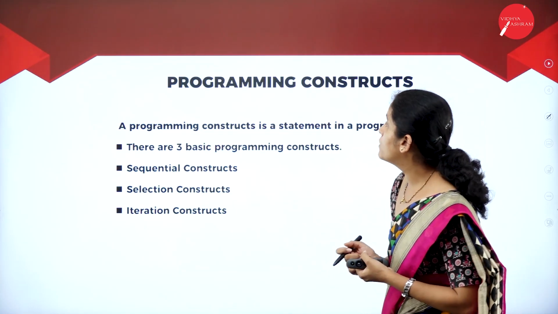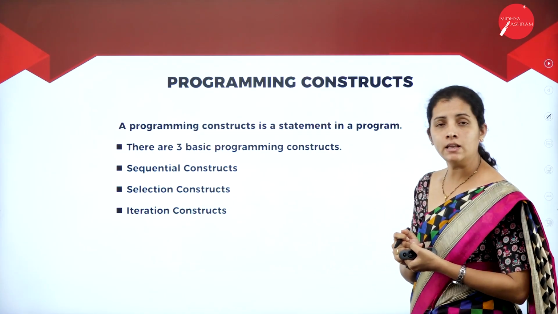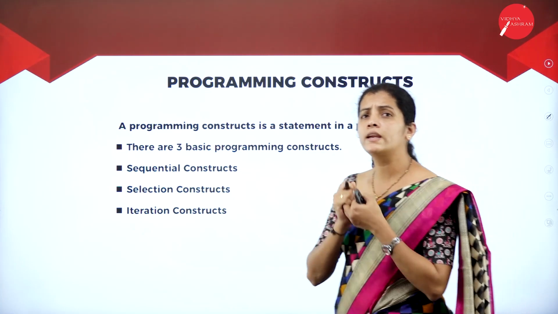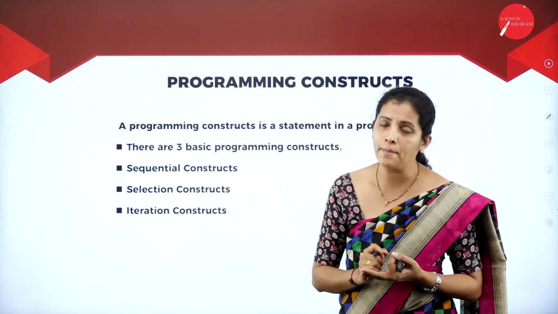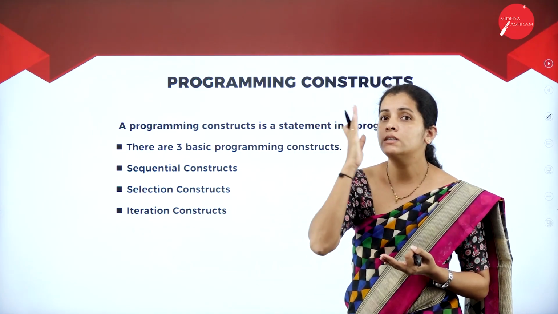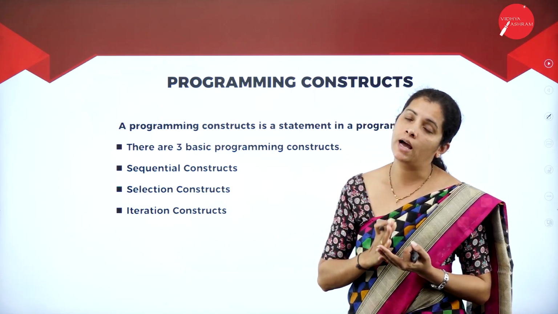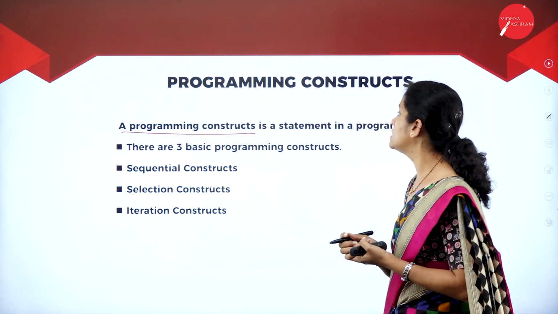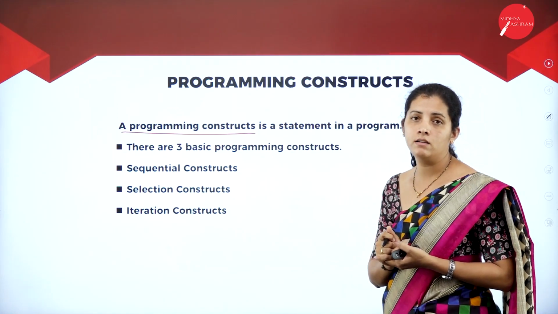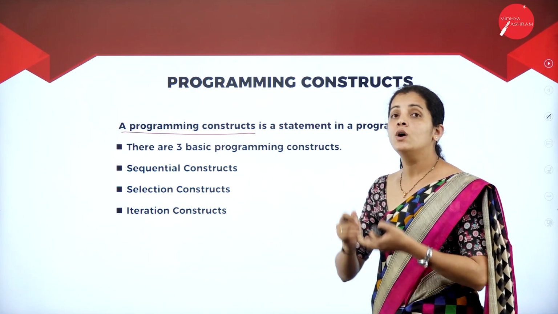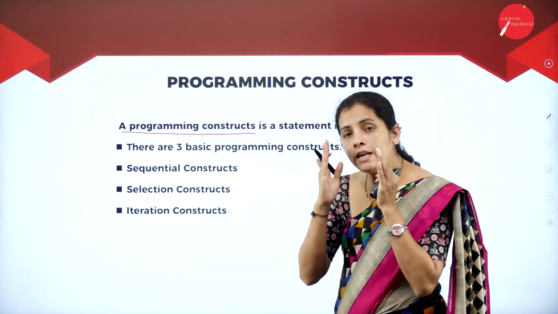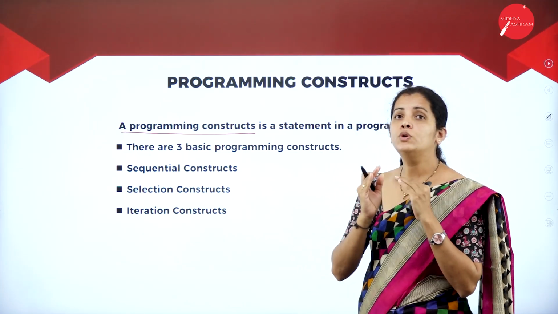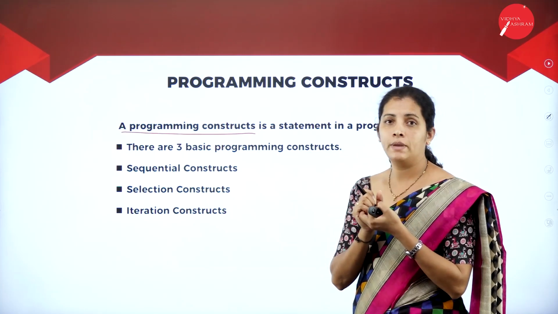Moving further, I'm going to have programming construct. That means while writing any program, I want to follow certain rules, regulations and procedures. So a programming construct is a statement in a program. While writing any program, I can use any kind of programming language.